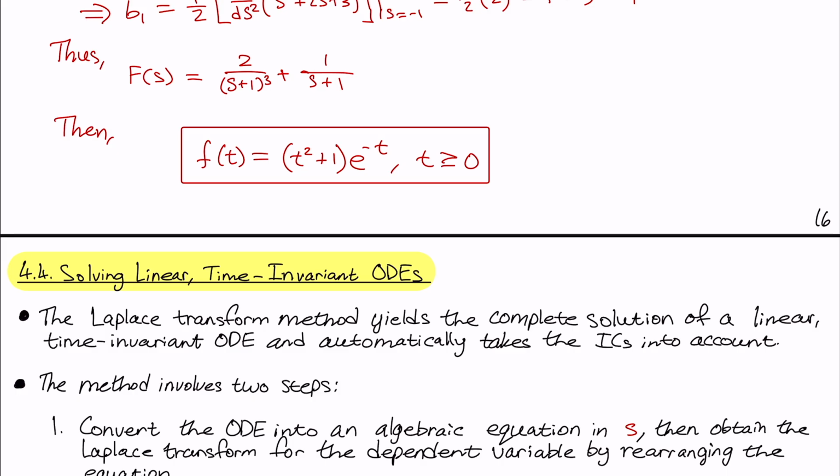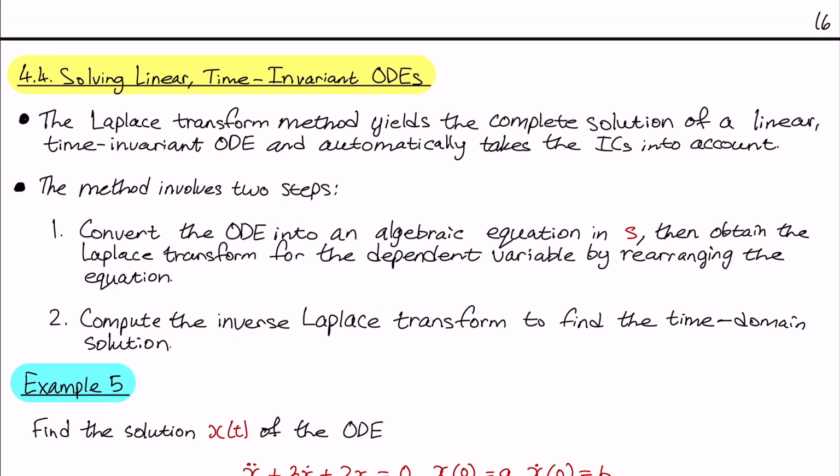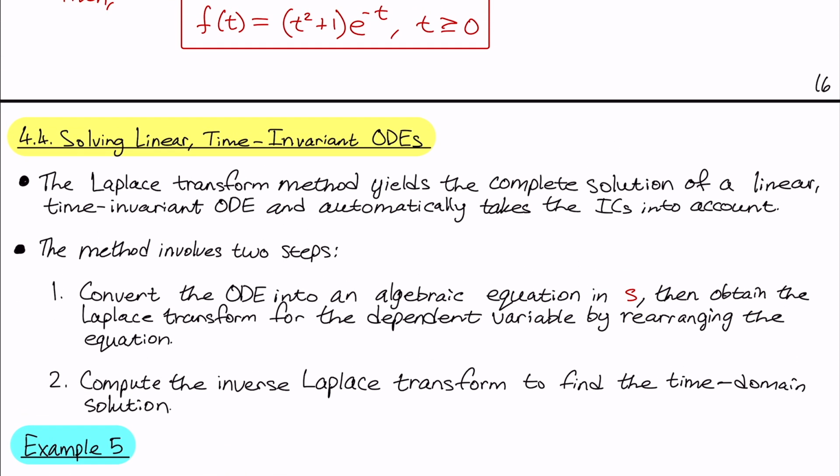Okay. We're going to move on to how to solve linear time invariant ODEs, which is what we've been studying up till now. The nice thing about this Laplace transform method is it yields the complete solution of an LTI ODE, and it automatically takes into account the initial conditions.